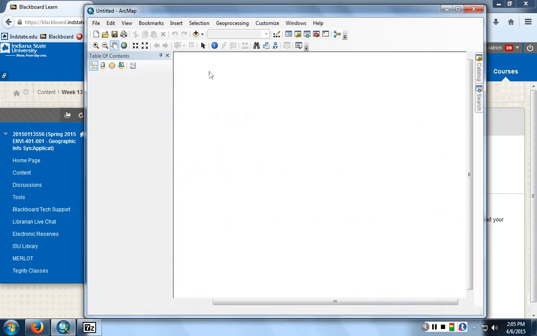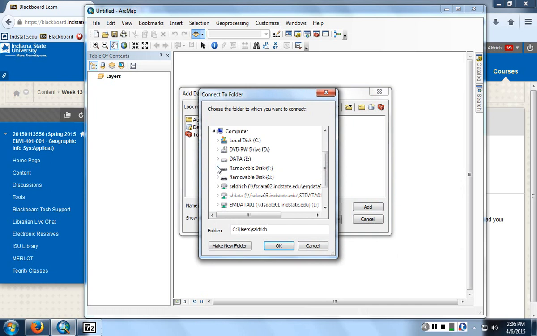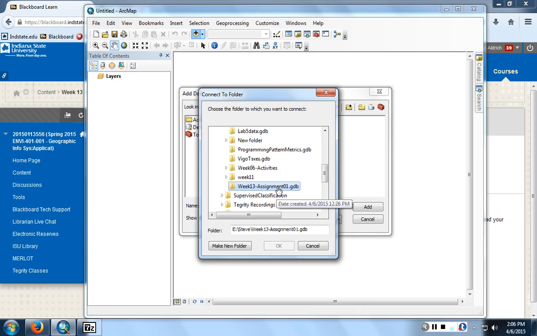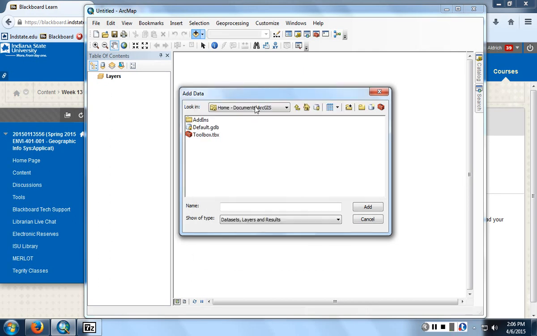The data are actually pretty involved, but let's check them out real quick before we dig into what cluster analysis is and how to do it properly. We've actually done these a little bit. The data are in the week 13 assignment 01 geodatabase.